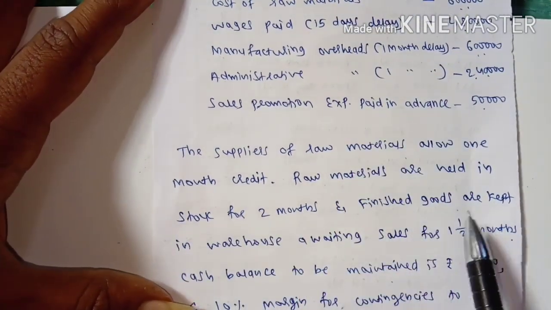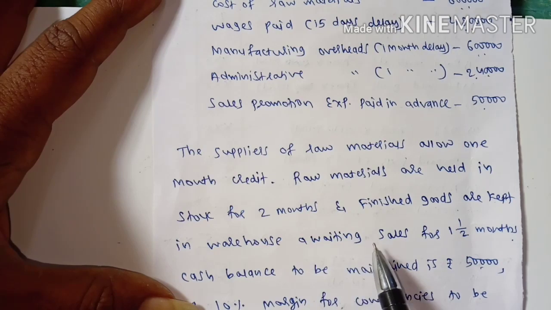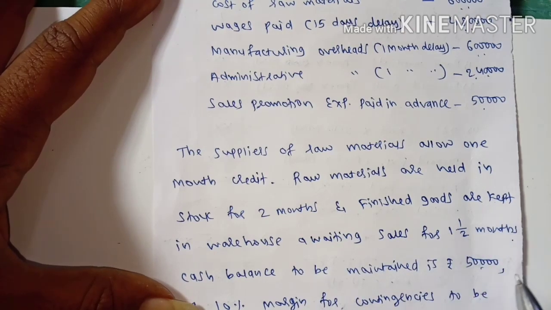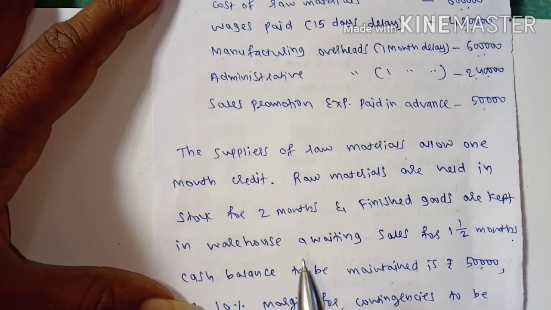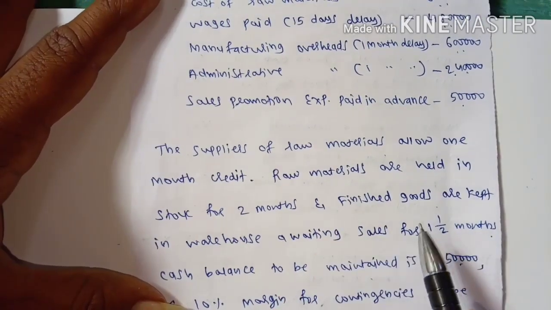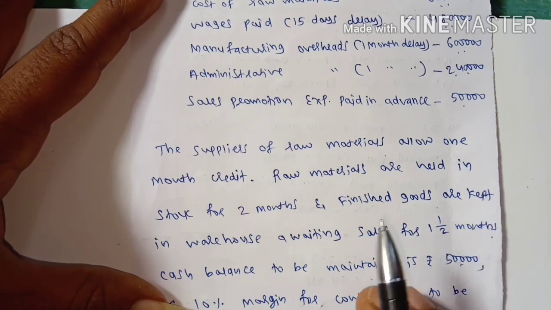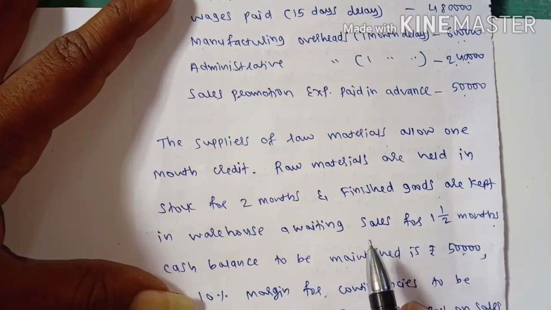Now finished goods are kept in warehouse awaiting sales for 1.5 months. So whatever finished goods are there, after their manufacturing, those finished goods are kept in godown for a period of 1.5 months. After 1.5 months they are dispatched, they are sold.